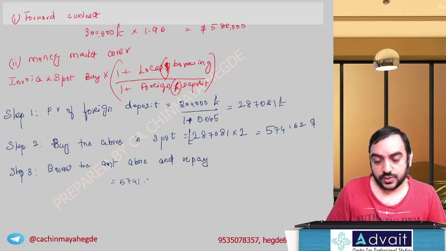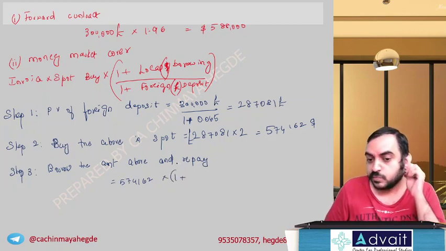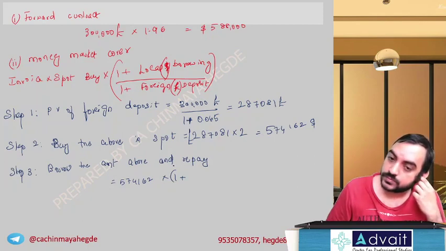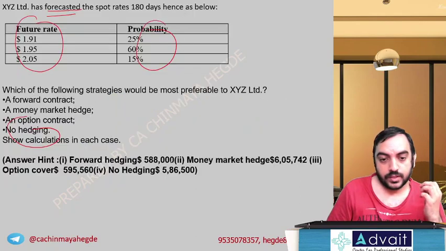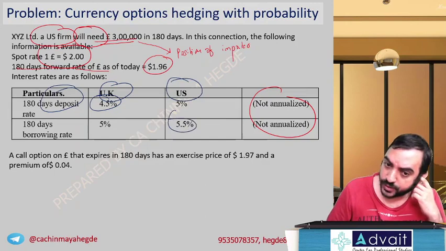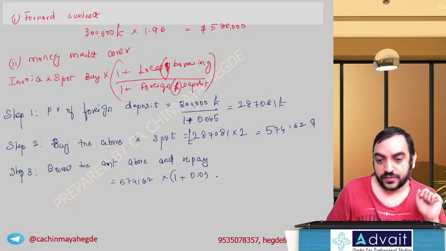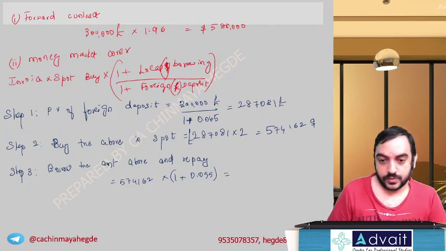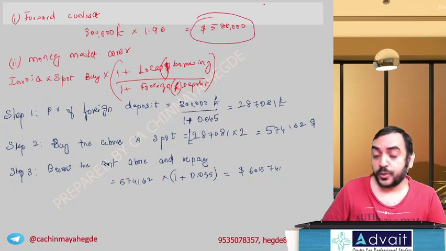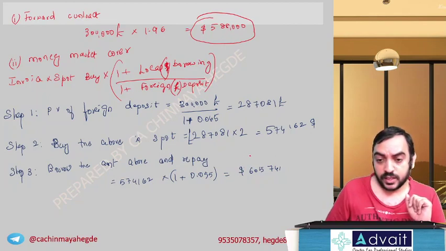So 574,162 multiplied by 1 plus the US dollar borrowing rate of 5.5%, 0.055, gives 605,741 dollars. So the effective outflow under forward hedging is 5,88,000, and under money market hedging is 605,741.